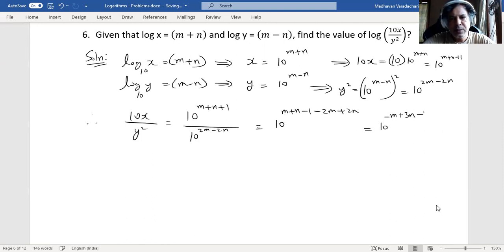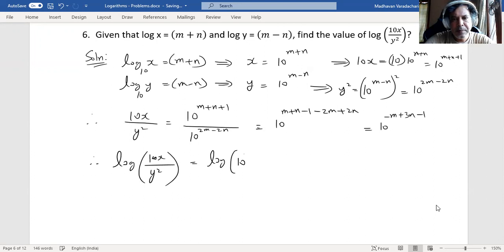And then the 1 is there. Therefore, logarithm of 10x by y square is equal to logarithm of 10 power minus m plus 3n minus 1.